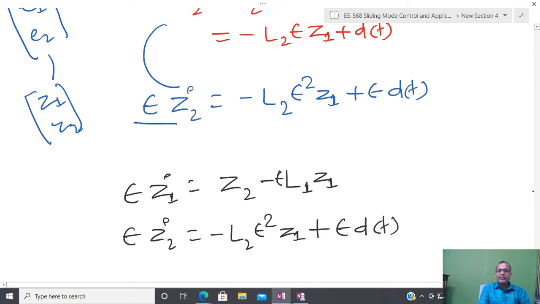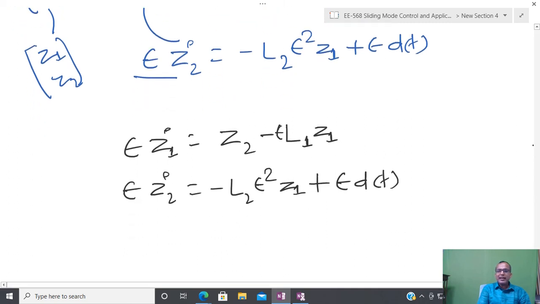So what I am telling now, that I want to select L1 such that this will give us some finite number. Similarly, I am going to select L2 such that this will give us some kind of finite number.